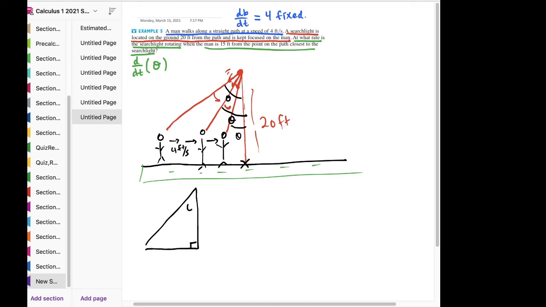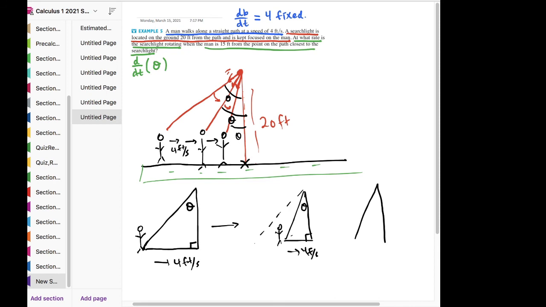So if this is the angle that's changing, and this is the person, that's one stage in time. This is another stage in time. And what we care about is the stage in time where this is 15, and we want to know what this is.